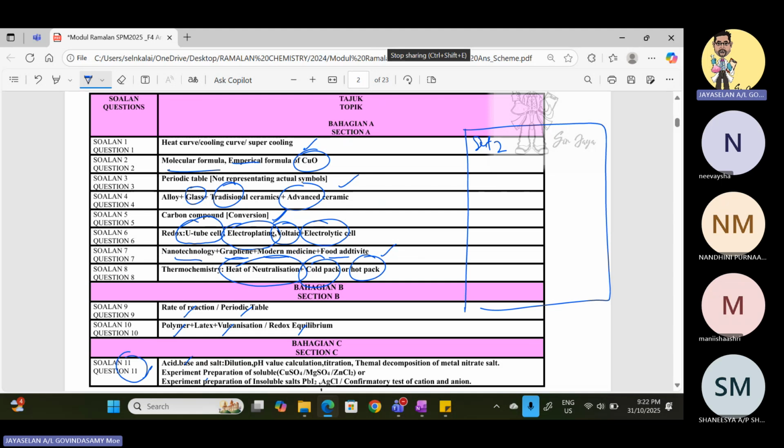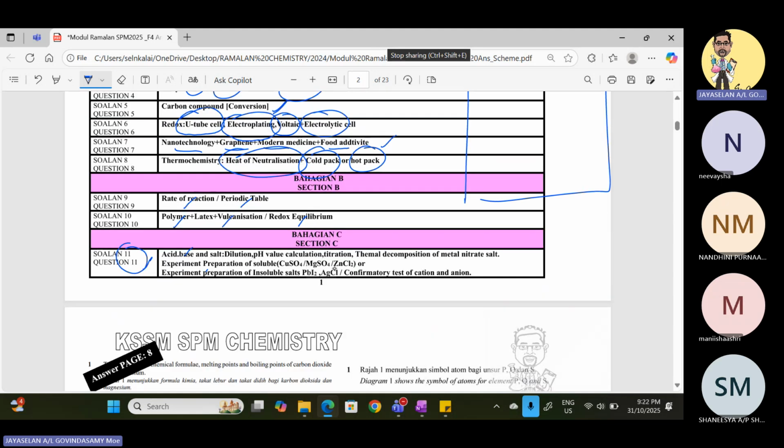And you see this year's MRSM paper, they ask you to prepare a salt. In 2025 the MRSM paper came up with salt. The 2024 MRSM paper in this book, they ask you to prepare magnesium sulfate.